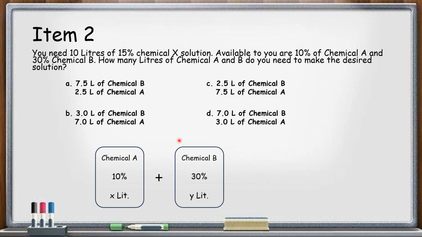Then we add the next one, chemical B, which is 30%. And finally, we have chemical X, the final solution, which is 10 liters total and 15% in concentration. All right.